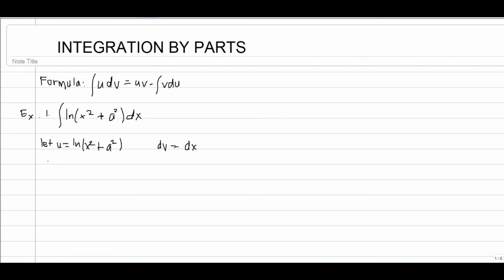Okay, and then we differentiate u to get du, the derivative of ln of the quantity x squared plus e squared. Take note that we apply here the chain rule in this case.